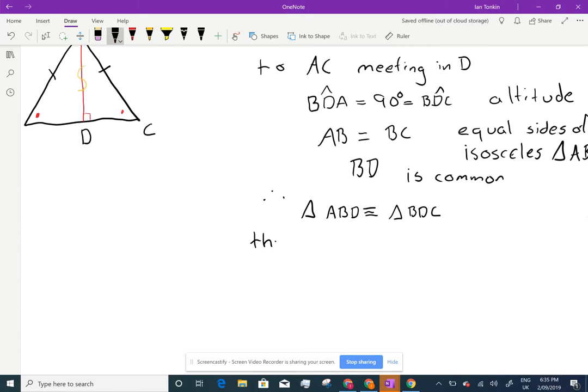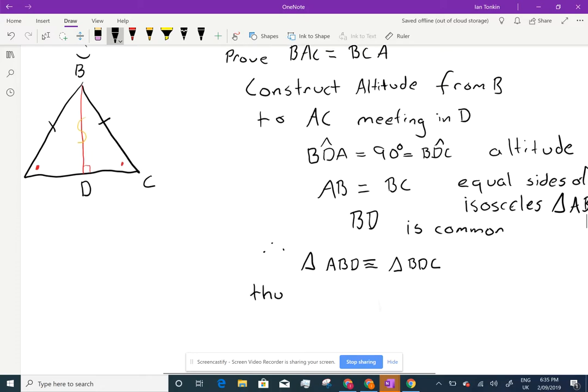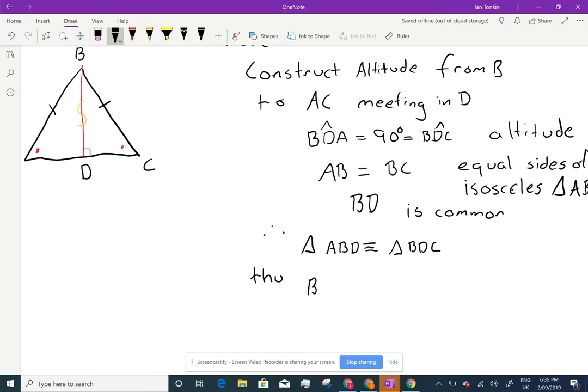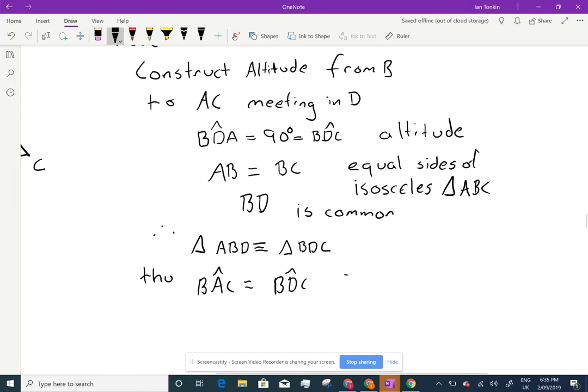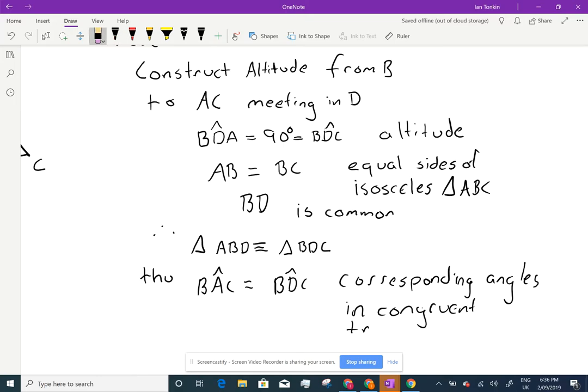Thus, what were we trying to prove? BAC equals BCA. Why? Because they're corresponding angles in congruent triangles.